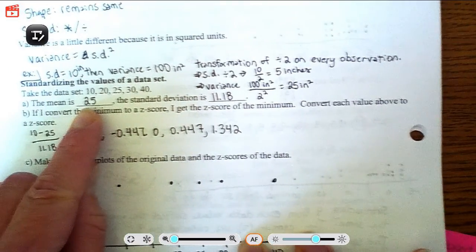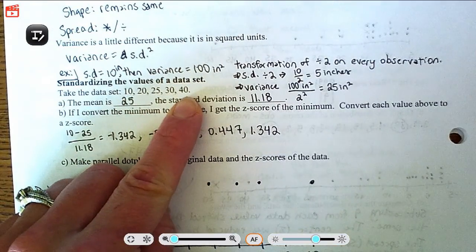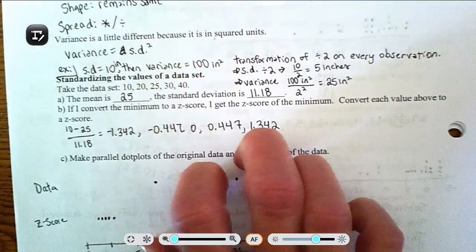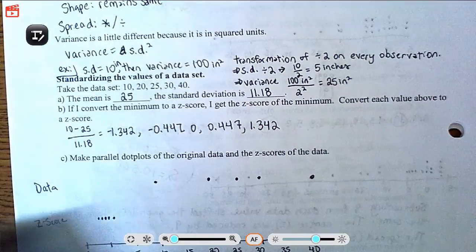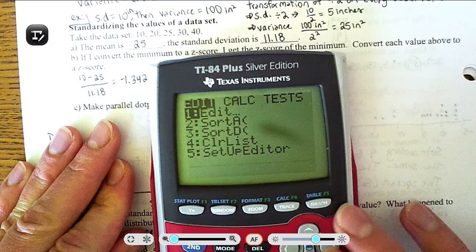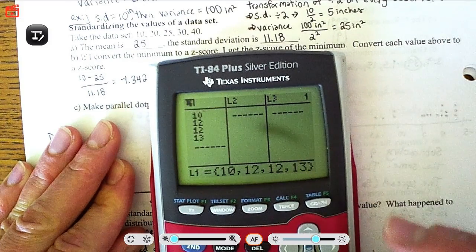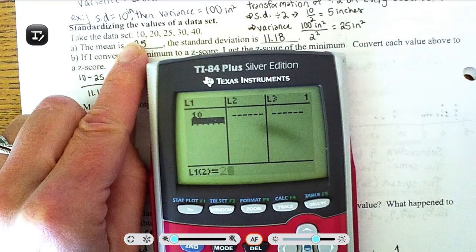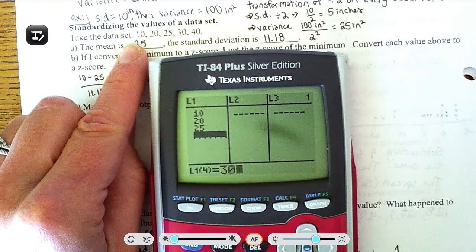Okay, let's move on to a new data set though. 10, 20, 25, 30, and 40. Say that you wanted to find the mean and standard deviation of this data set. I'm going to go over to Stat, Edit, L1, and put this data set in. 10, 20, 25, 30, 40.